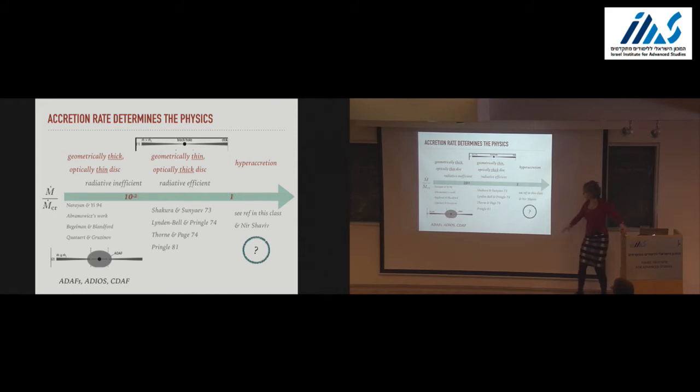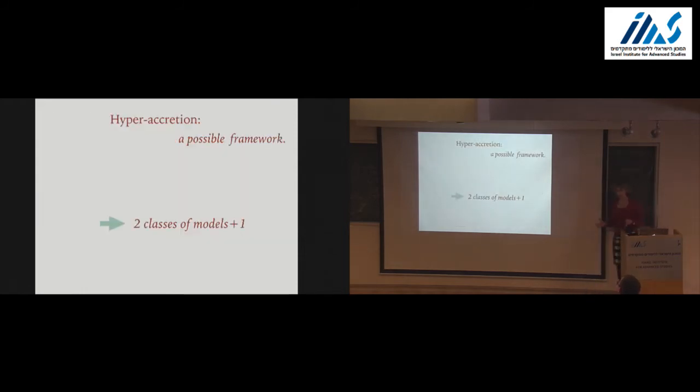So what I'm going to do now is talk about hyperaccretion. What I did is look at all possible models, make a classification, and bunch them up in three classes. Two have the same sort of physics and one has very different physics. And I'll give you a summary immediately.